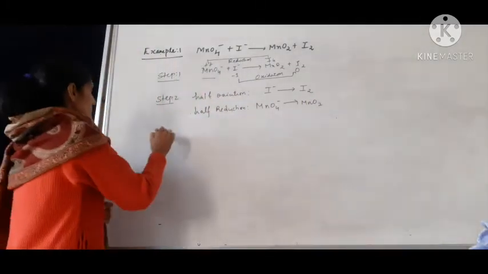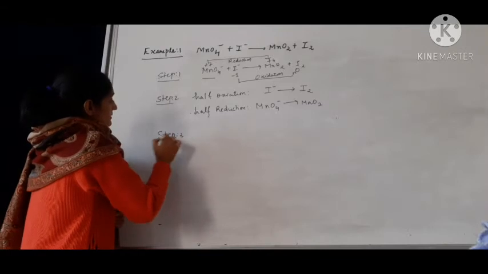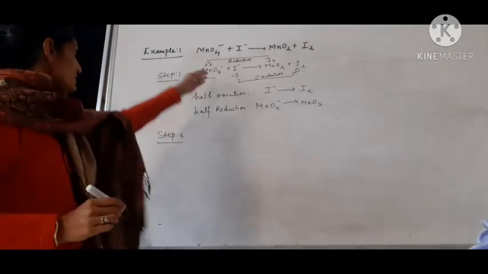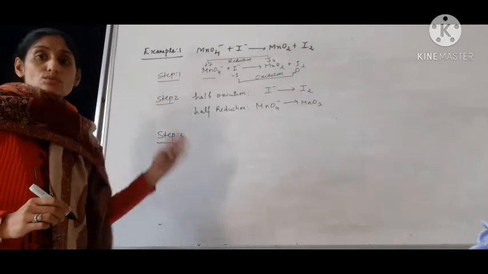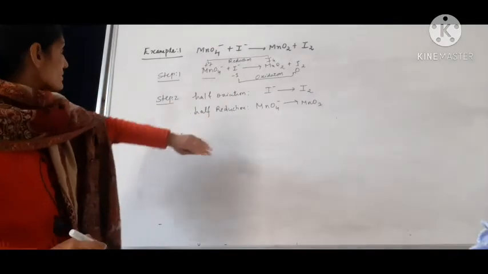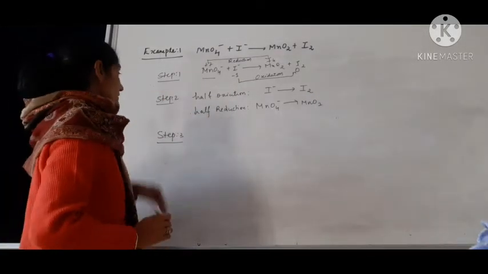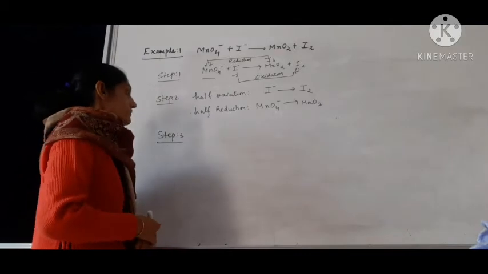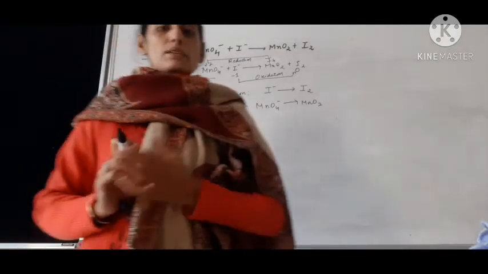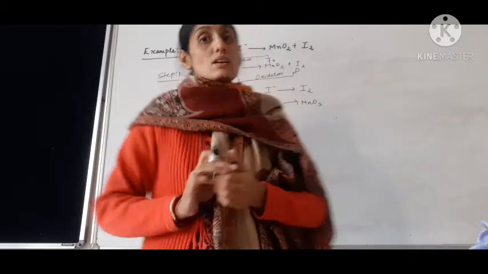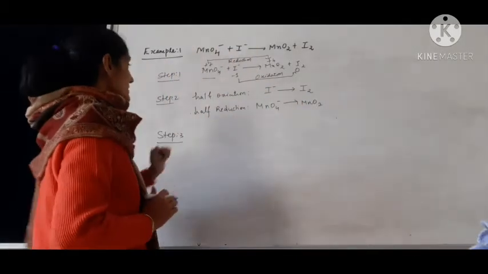Now step 3, we assign the oxidation numbers directly in the reaction, so there is no need here. Then we separate the reaction into half oxidation and half reduction. Now the next step is to balance the atoms other than oxygen and hydrogen.